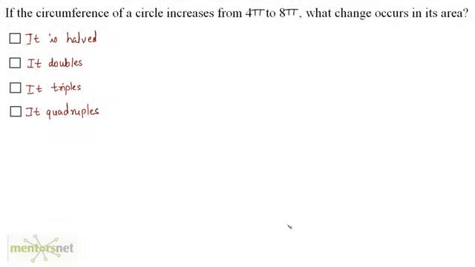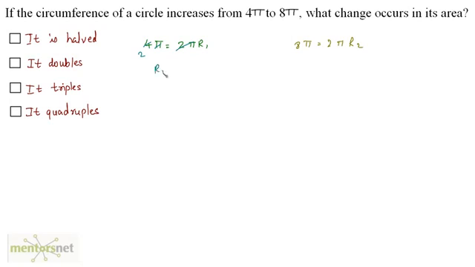If the circumference of a circle increases from 4 pi to 8 pi, what change occurs in its area? Now we have been given the initial circumference and the final circumference. So let's calculate the initial and final radius. So we have 4 pi is equal to 2 pi r1, and 8 pi is equal to 2 pi r2, r1 and r2 being the initial and final radii respectively.